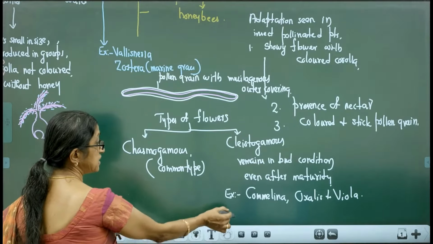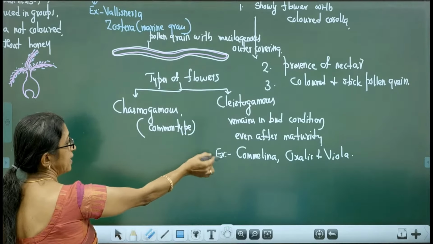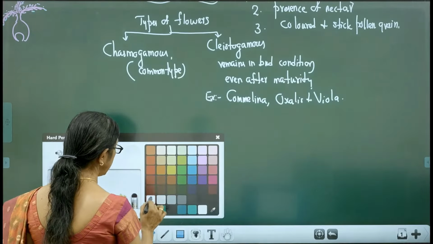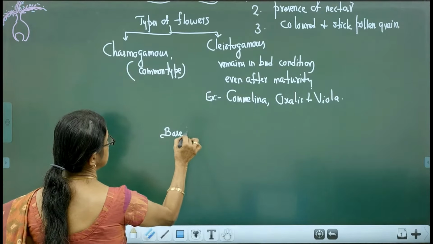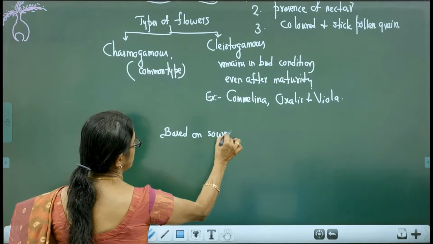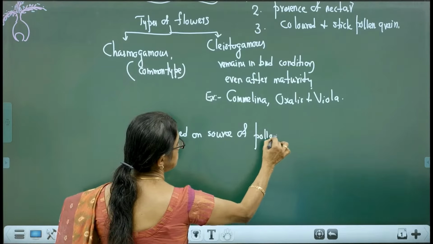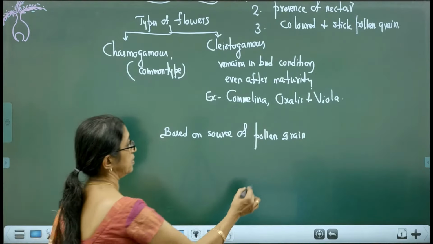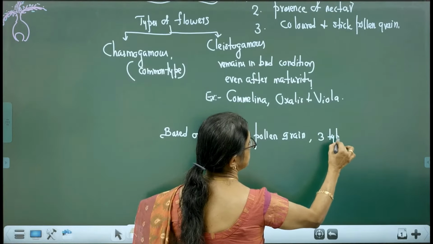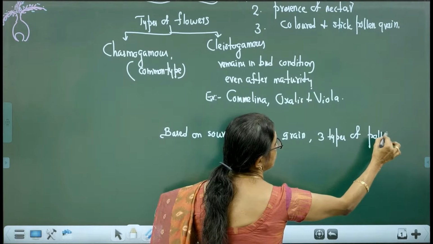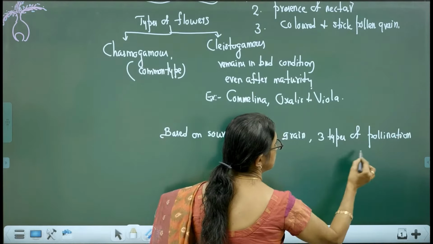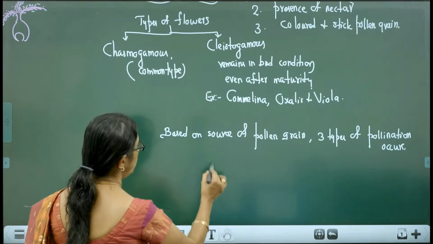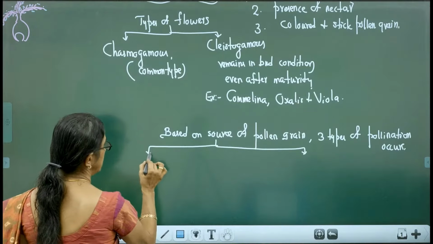Now next, based on source of pollen grain, we can see three types of pollination.